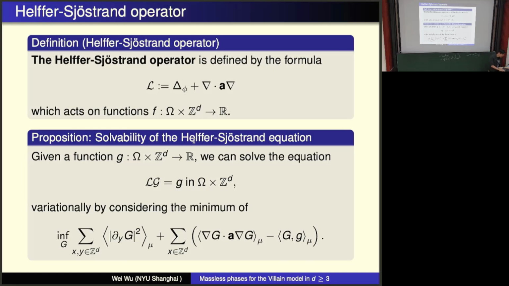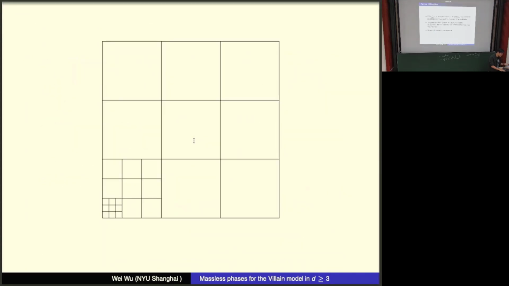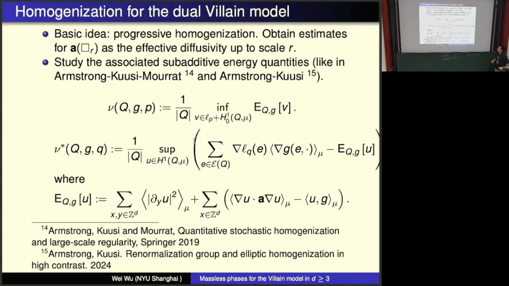So in order to capture the behavior of the solution, we can also just capture the behavior of the energy form, which is a quadratic form, on every scale. That's a way of doing renormalization: we define some energy quantity at every scale, and we show that, first of all, they are approximately additive.